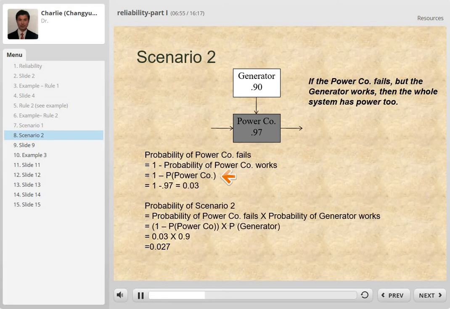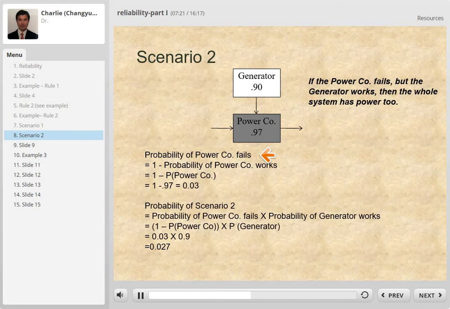So it equals 1 minus P of power line. We write it this way mathematically. Now it equals 1 minus 0.97 equals 0.03. That is the probability that the power line fails.